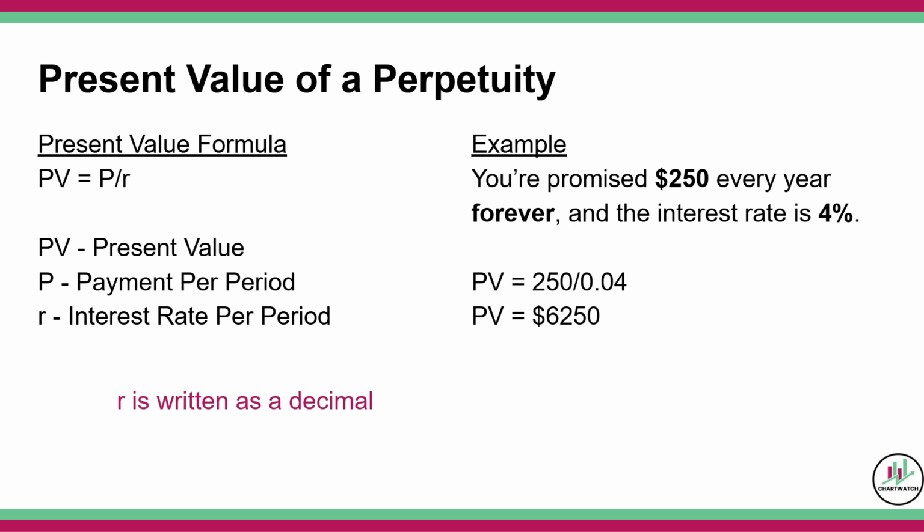And as you keep adding up those values, as you keep finding the present value, the interest rate gets raised to such a high power that as time goes by, you're adding on very, very little.